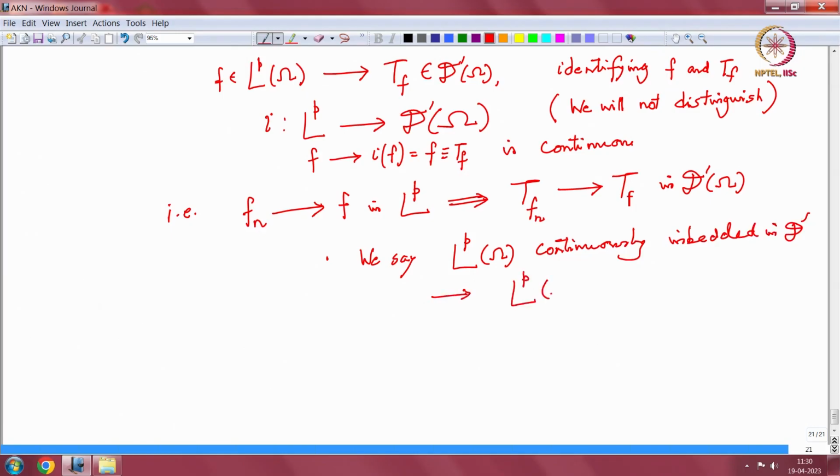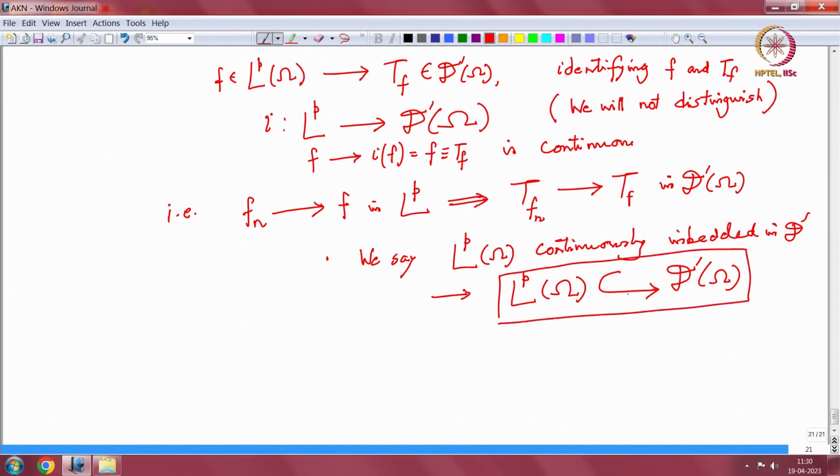You have this notation already in the preliminaries, so those who have not gone through the preliminaries should. Whenever I use such a notation, it means the corresponding identity map under that identification is a continuous map. So, you have both topologies there.